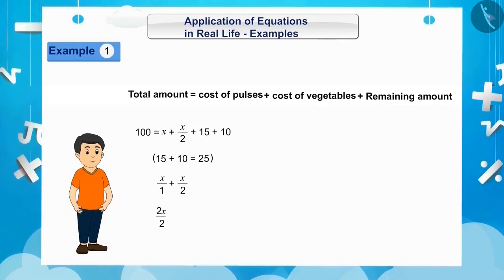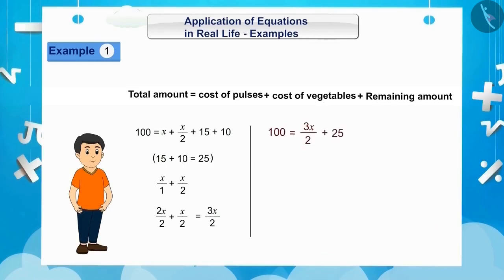Now, we can easily add 2x by 2 and x by 2. Taking x as common, we will get 3x by 2. So, our equation will be 100 is equal to 3x by 2 plus 25.